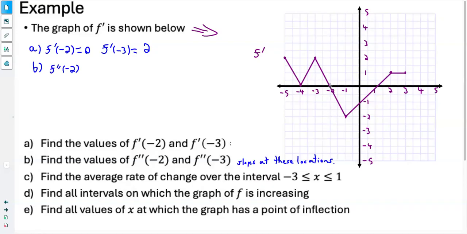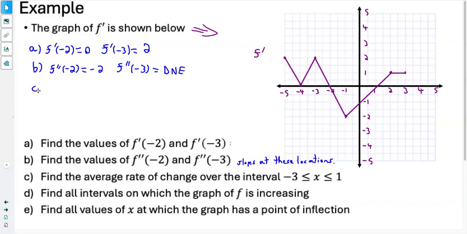It looks like we went down 2 units over 1, so that would be a slope of negative 2. If we look at f double prime of negative 3, that here is not a straight line or even a curved line. It's at a sharp edge. So essentially, this would not exist.